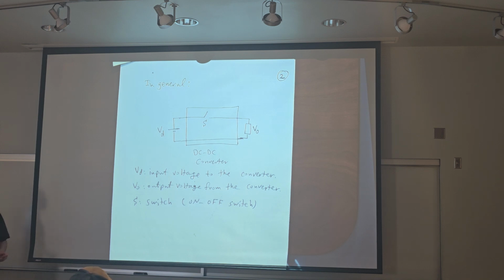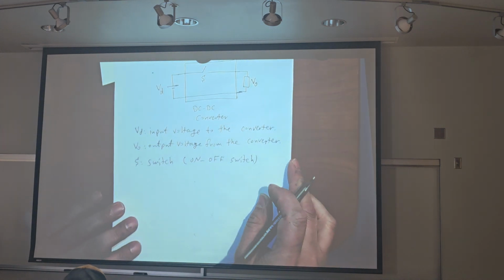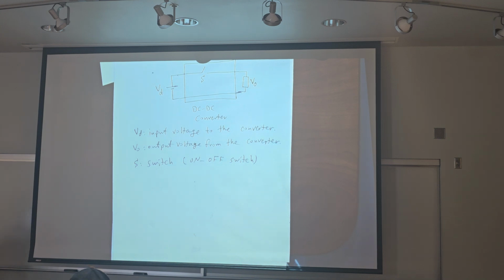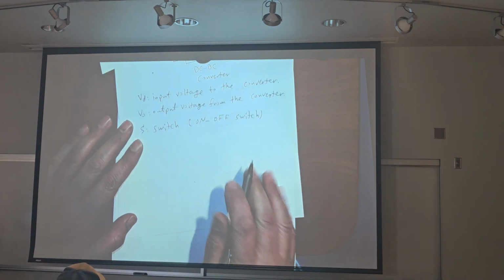Now, we say the DC to DC converter converts the DC to DC, continuous to discontinuous. What do we mean by continuous and discontinuous? See here.